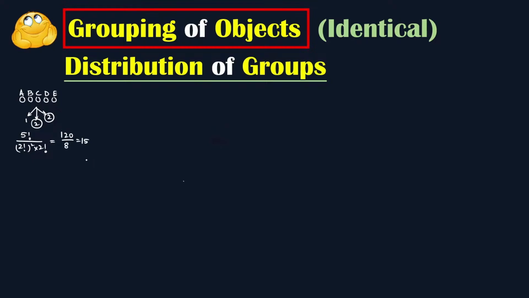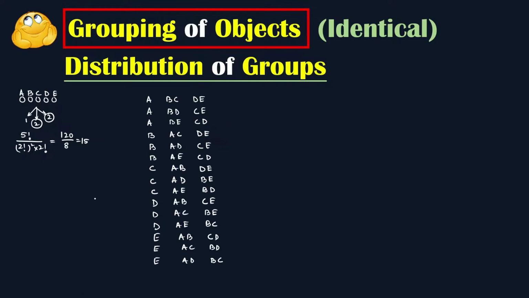So there are 15 ways in which these 5 distinct balls can be grouped into 3 groups, which will contain one ball, 2 balls and 2 balls. These are the 15 ways which we got. Now let us take one such group from these 15 groups that we have already formed.